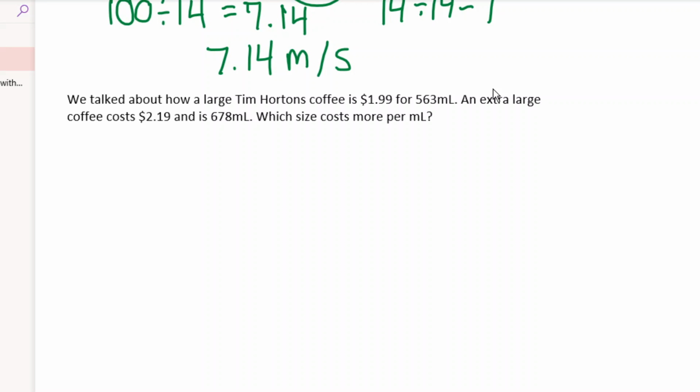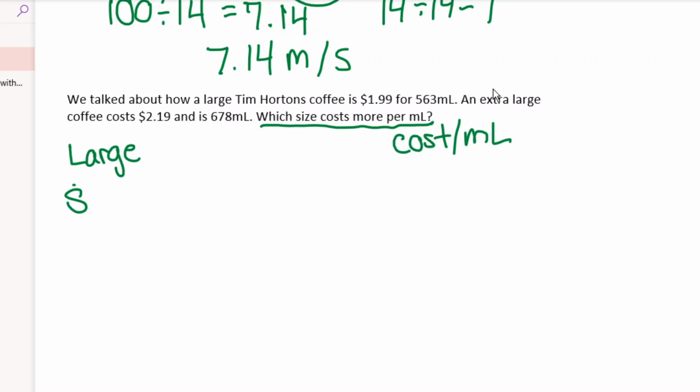And this part here, which size costs more per milliliter, tells us that our rate should be in cost per milliliter. That's what we're looking at here. So let's write out our rate. The first one, the large coffee, is $1.99 per 563 milliliters.